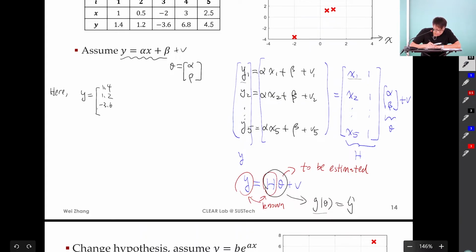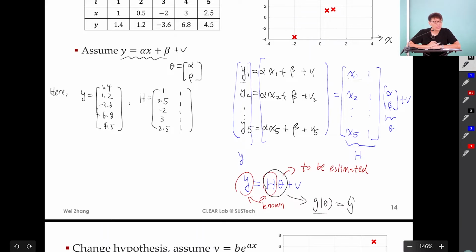Negative 3.6, 6.8, 4.5, that's your y vector. And then you have the H matrix, also with some numbers. It's x1 up to x5 and 1, 1, 1. So it's 1.5, negative 2, 3, 2.5. This is 1, 1, 1, 1, 1.